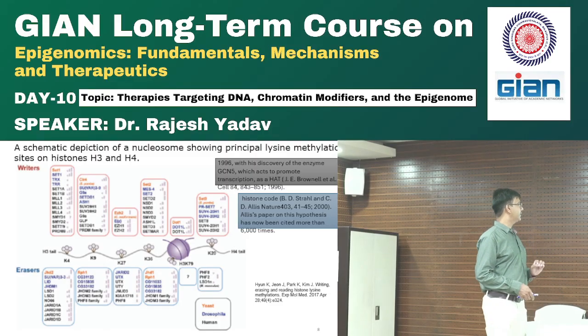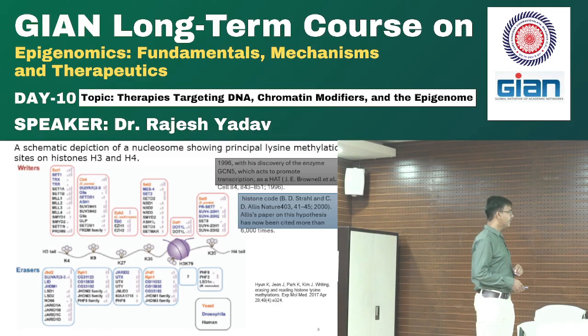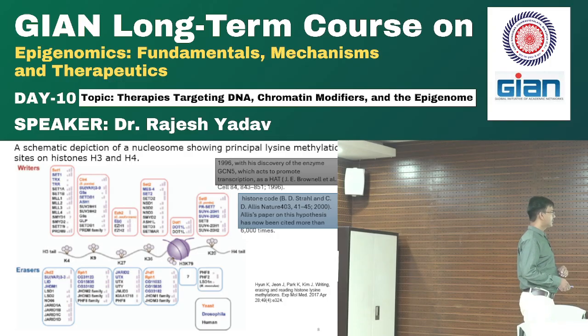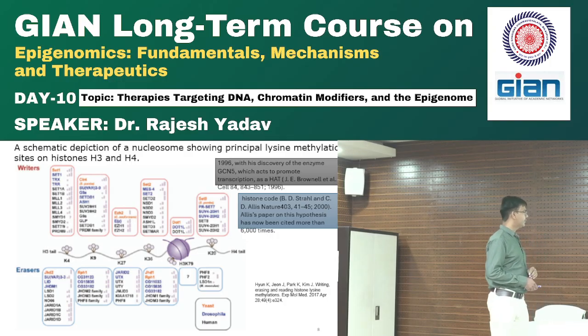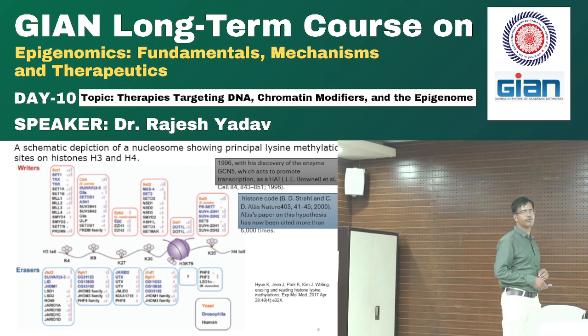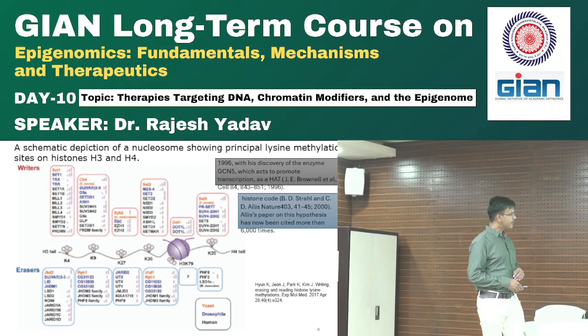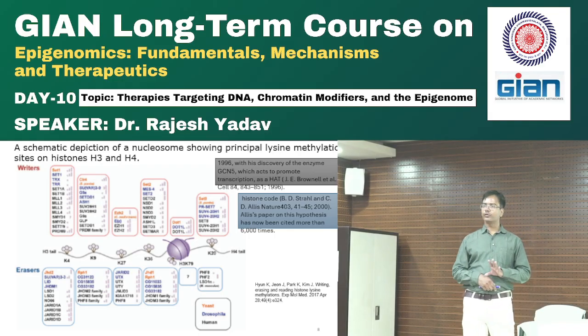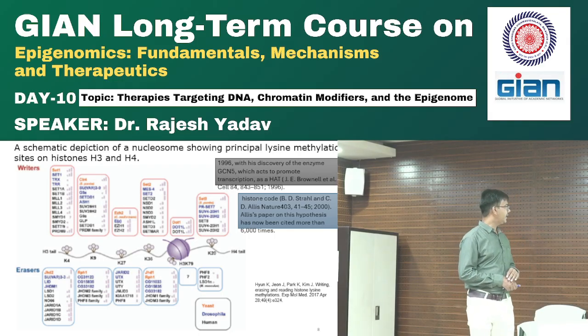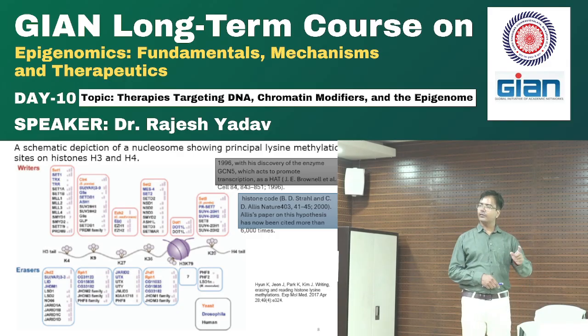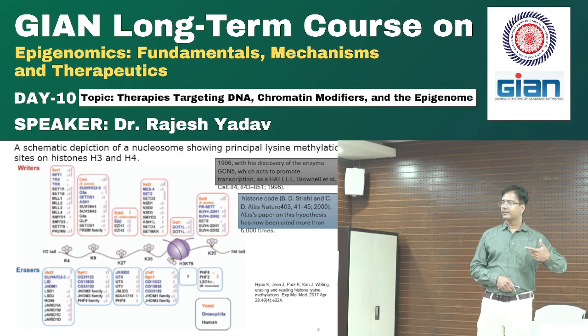So I will say that first focus on these 5 residues: K4, K9, K27, K36, K79, K20. If you just think about those, take any one of these and learn the whole process.